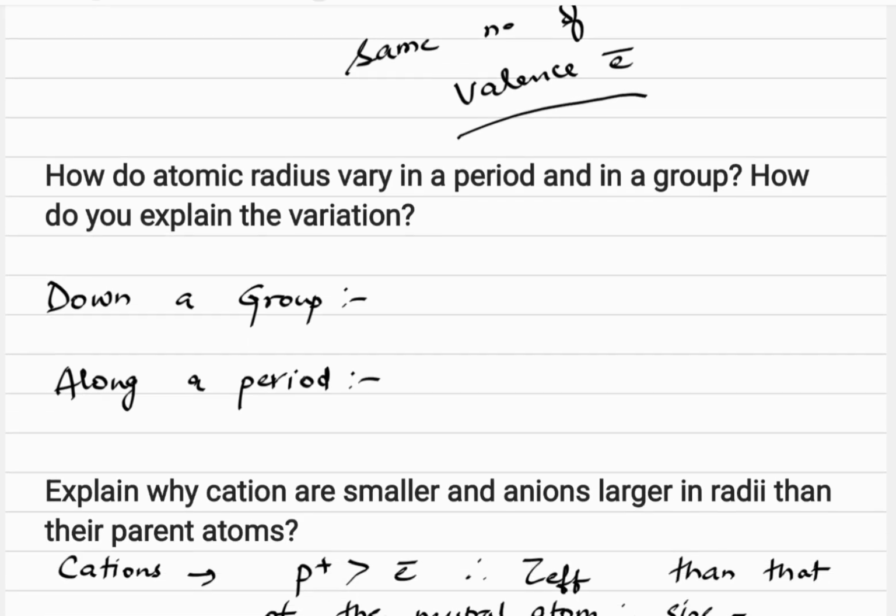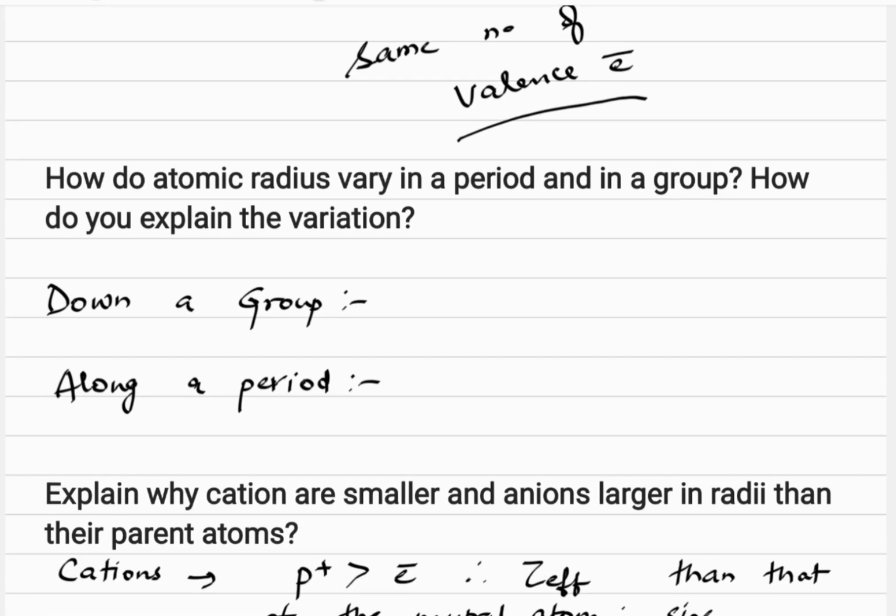Moving on to the next question. How does atomic radius vary in a period and in a group? And how do you explain the variation? So, atomic radius increases down the group and decreases along the period. How do we know this? Down the group, we know that an extra shell gets added.